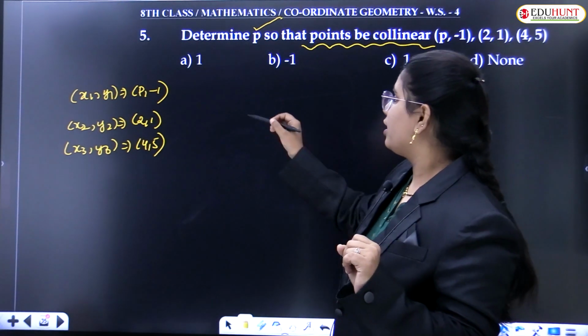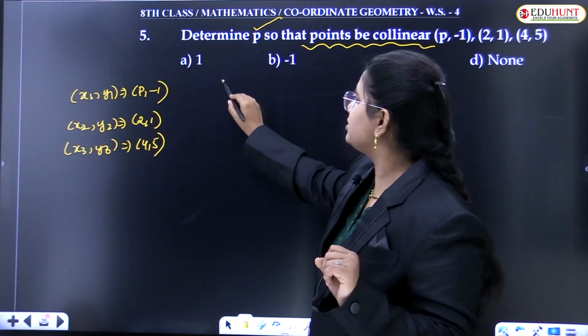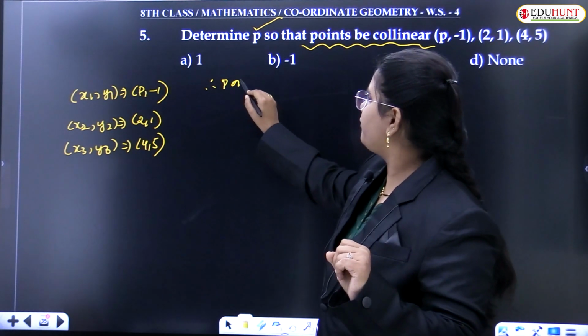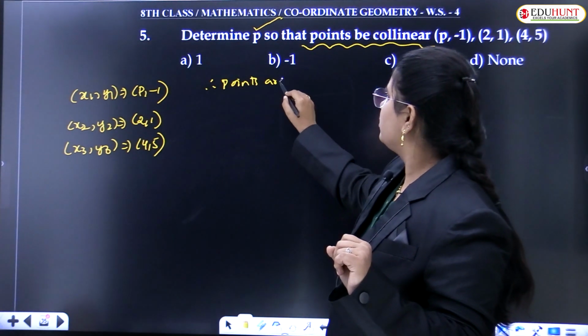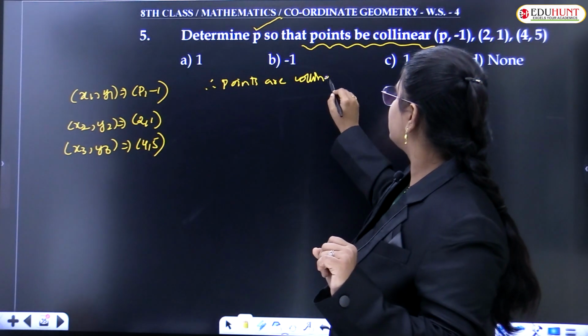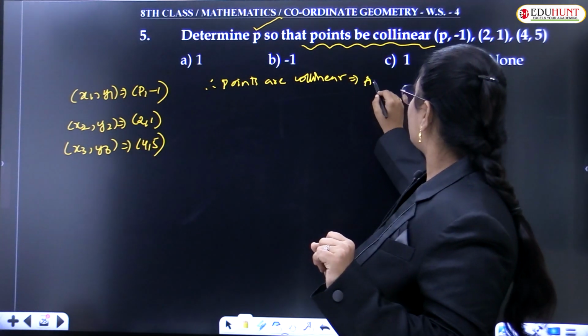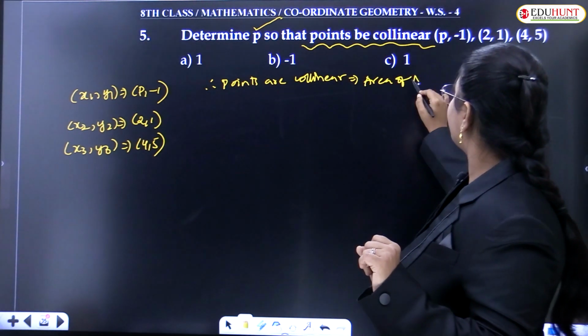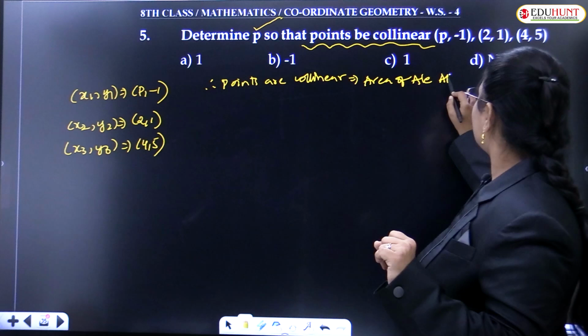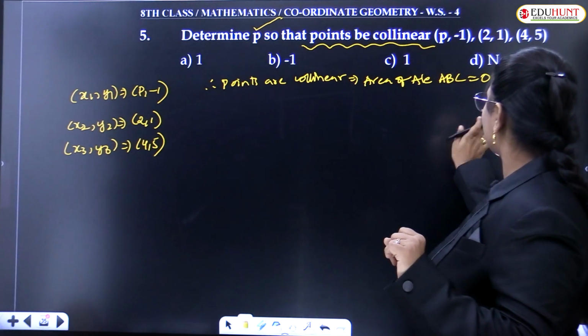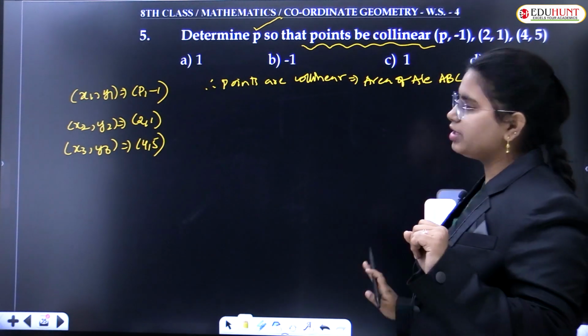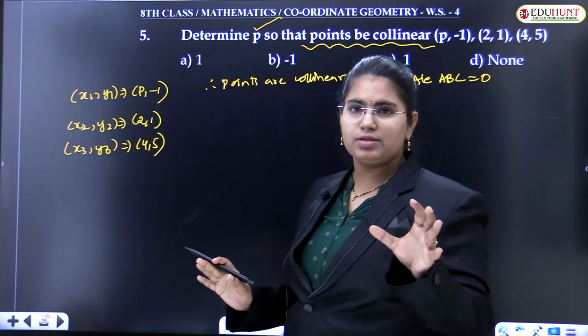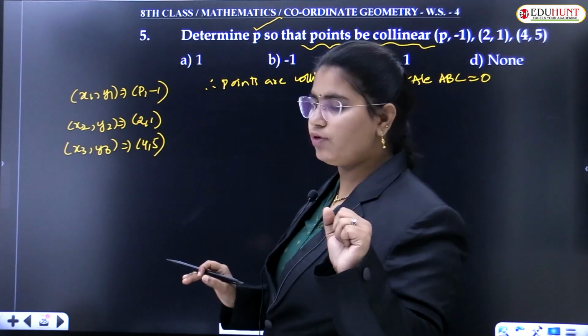So, if points are collinear, then the area of triangle ABC is 0. Now we know the area of triangle formula, right?